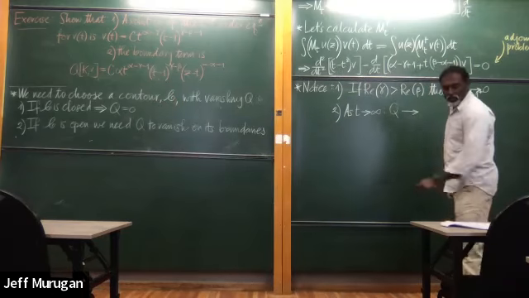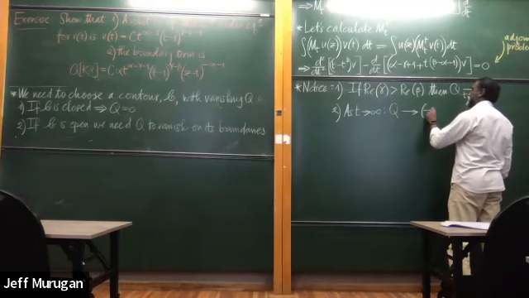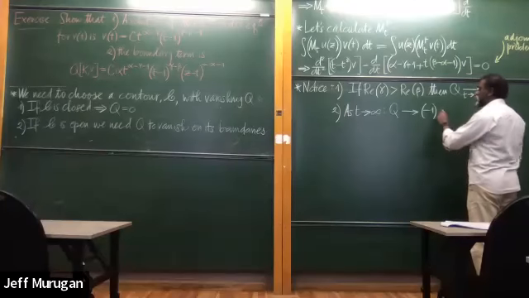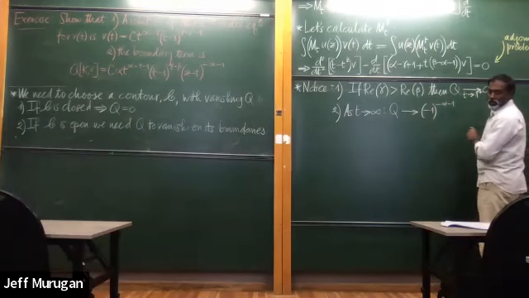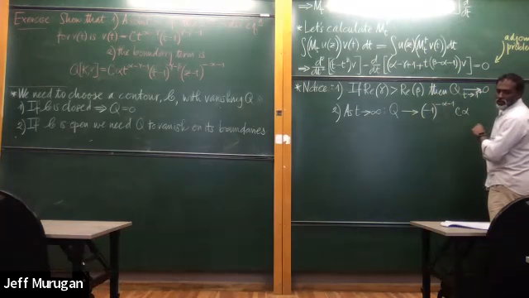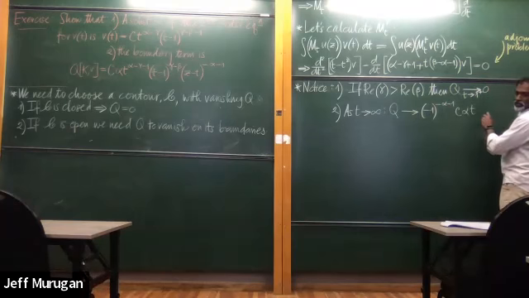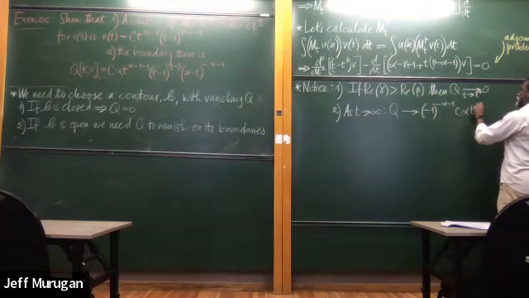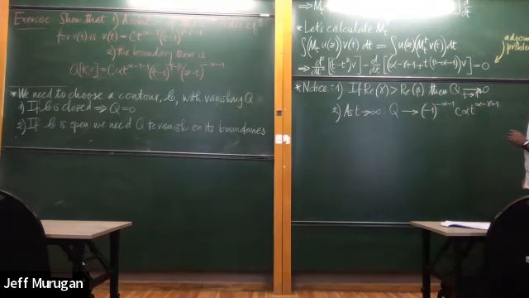Q goes to -1 to the minus alpha minus 1 times constant times alpha to the T, so alpha times T to the alpha minus gamma plus 1 times T to the gamma minus beta times T to the minus alpha minus 1.